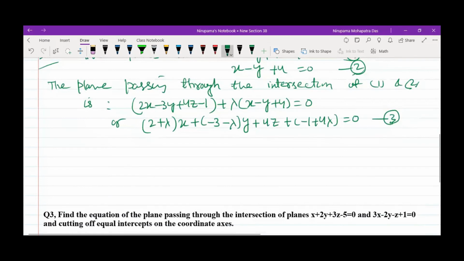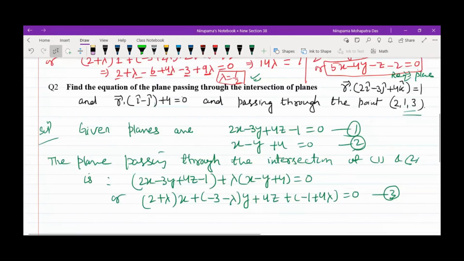So then it passes through a point, the required plane. After this, you will be moving to the specialized condition. The condition will be given in the question. It passes through the point 2, 1, 3.